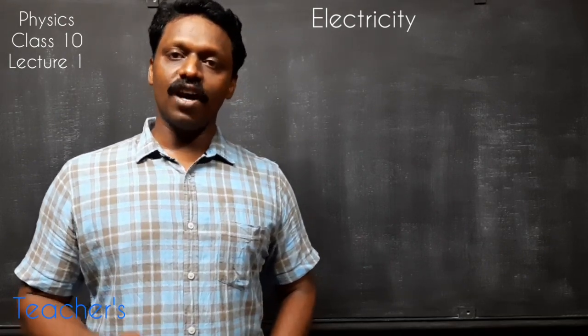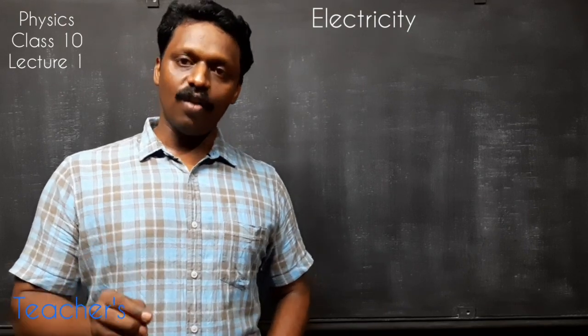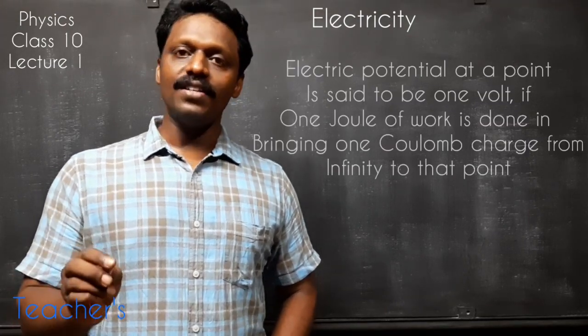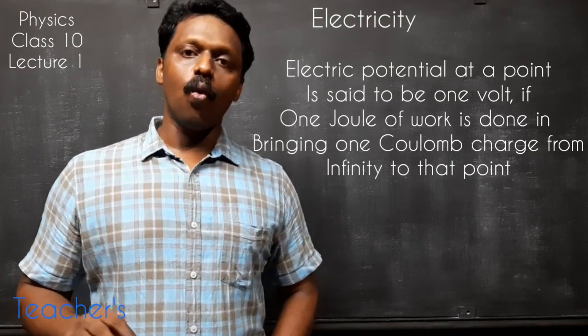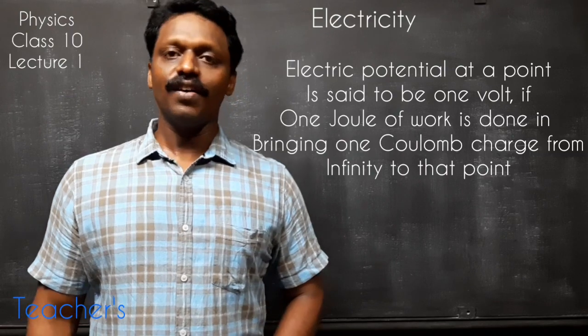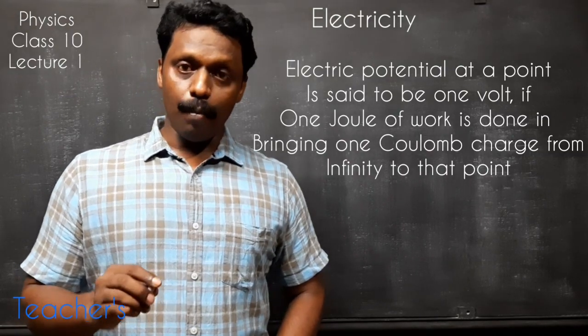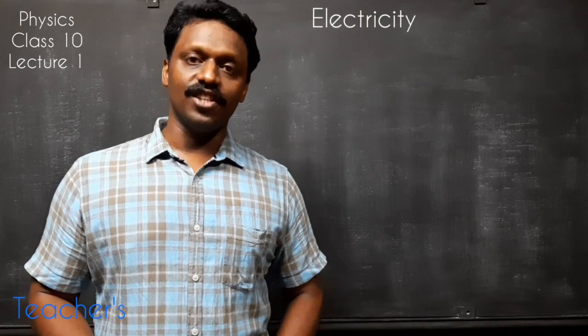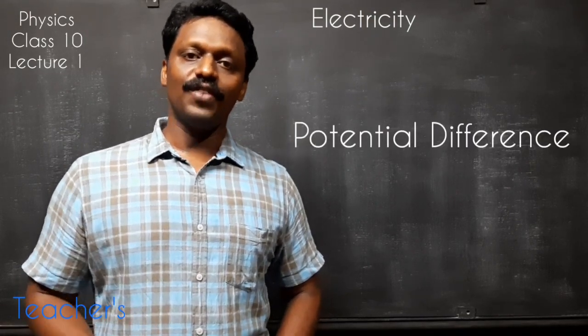Since the unit of charge is coulomb, we can say that a potential of 1 volt at a point means that 1 joule of work is done in moving 1 coulomb of positive charge from infinity to that point. A more common term used in electricity is, however, potential difference, which we can discuss now.